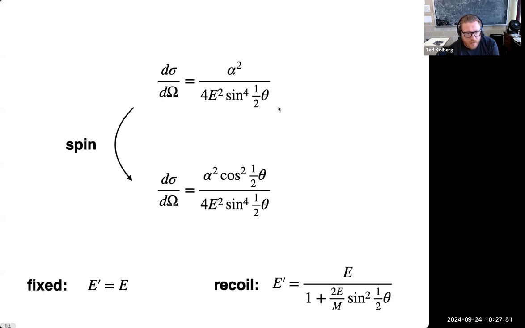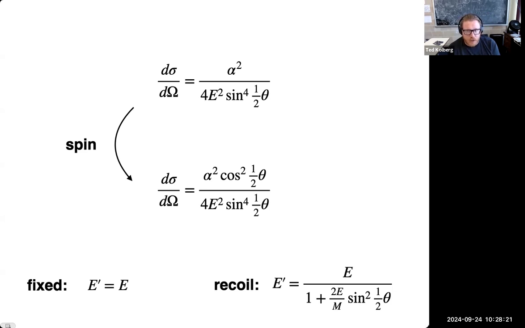We can further make this equation more realistic by releasing the assumption that the target is fixed. So in the case of a low energy electron glancing off of a nuclear target in the Rutherford experiment, the assumption that the target nucleus is fixed, you know, picturing a metal where this gold atom or whatever is basically not moving around too much inside of the metal.